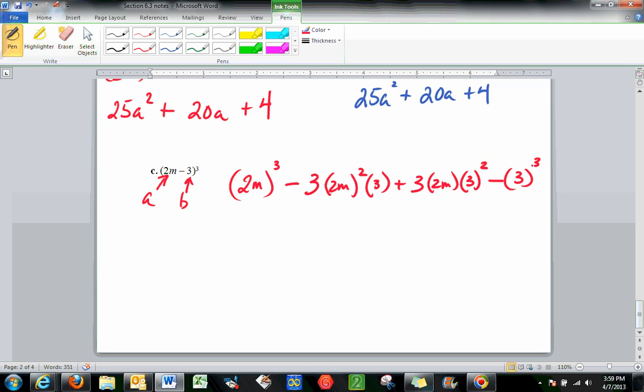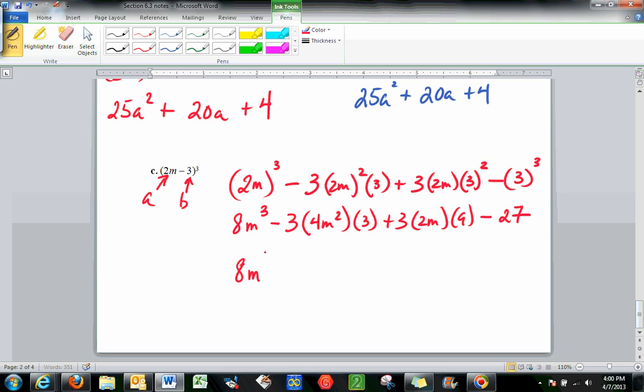Now at this point, once we get the pattern in there, all we simply have to do is simplify all of the parts. And so we would have 8m cubed minus 3 times 4m squared times 3 plus 3 times 2m times 9 minus 27, and we still have some more simplification to go.